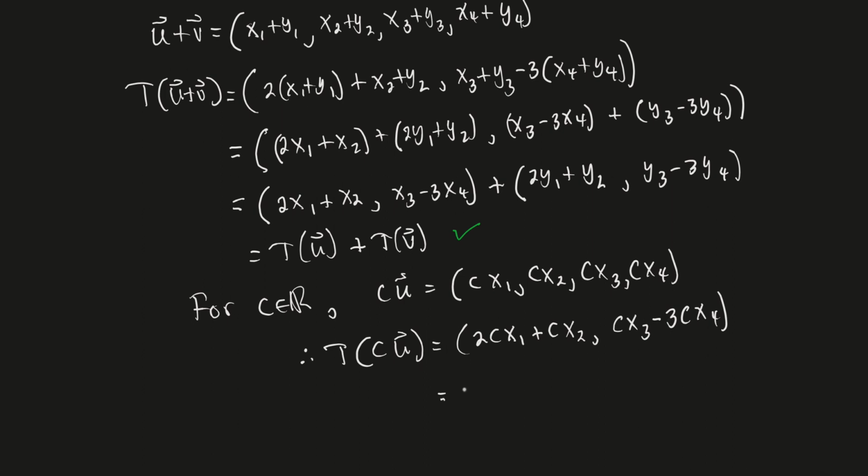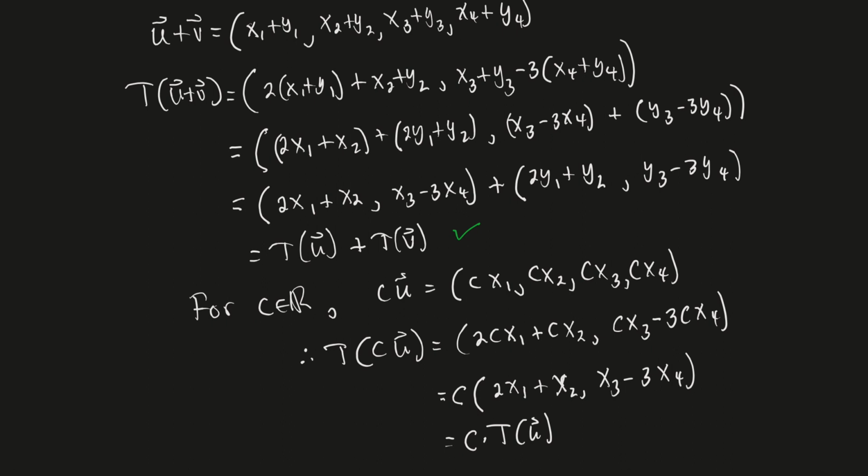So I can put my c outside, and then what am I left with? 2x1 plus x2, comma, x3 minus 3x4. And again, this is the vector T of u. So this is the image of u. So this is equal to c times T of u.